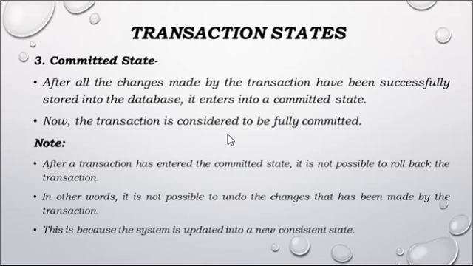Now the transaction is considered fully committed. Note that after a transaction has entered the committed state, it is not possible to roll back the transaction again. In other words, it is not possible to undo the changes that were made by the transaction in the partially committed and active states. This is because the system is updated to a new consistent state.